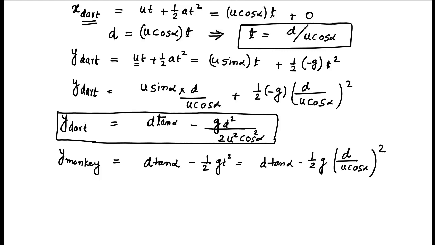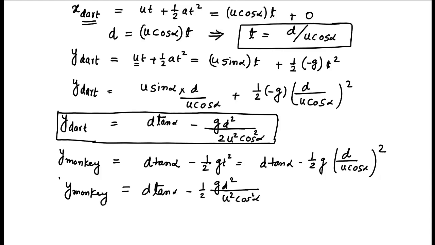So it is d tan alpha minus half g d square divided by u square cos square alpha. This is the y-coordinate of the monkey when they are going to hit.